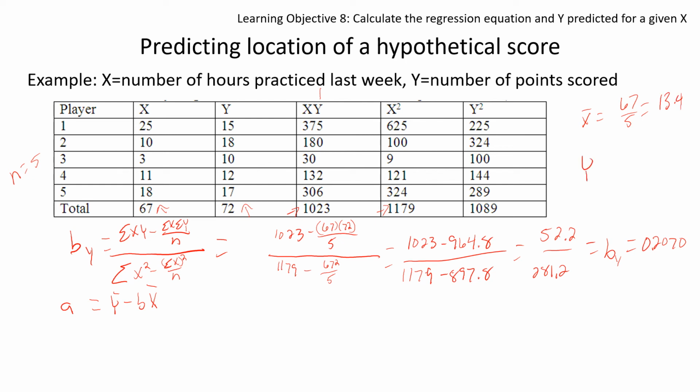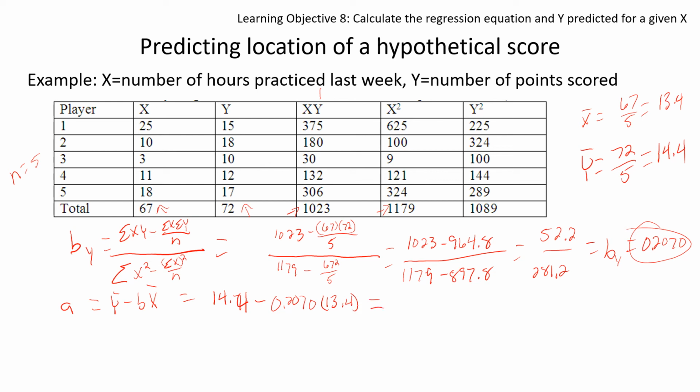The mean of y is equal to 72 divided by 5, which is 14.4. So what we've got here is 14.4 minus our slope, which is 0.2070, times the mean of x, which is 13.4.